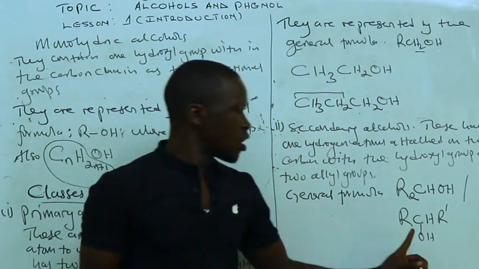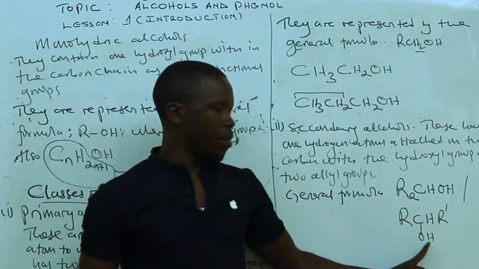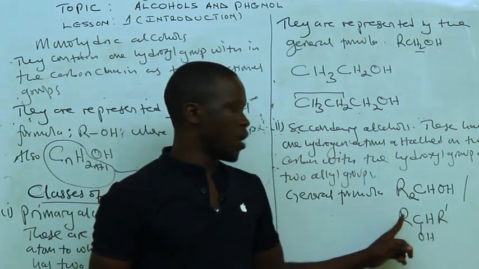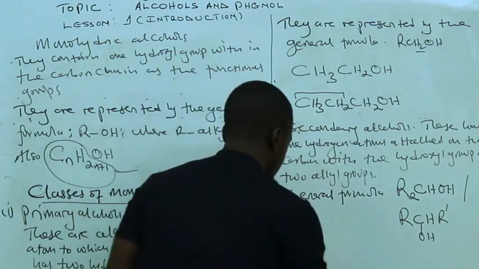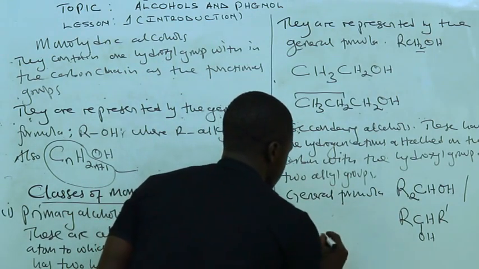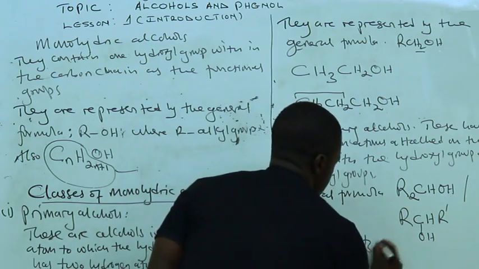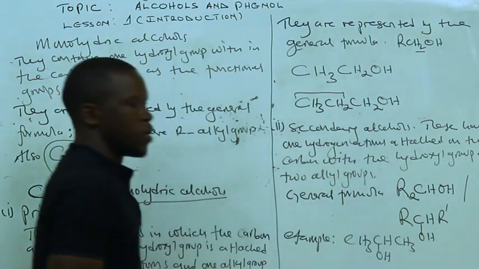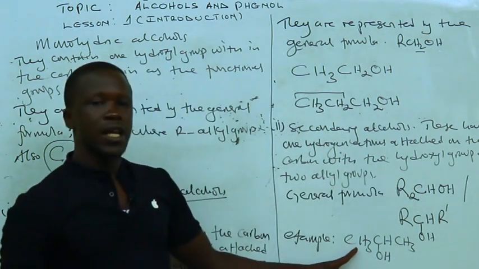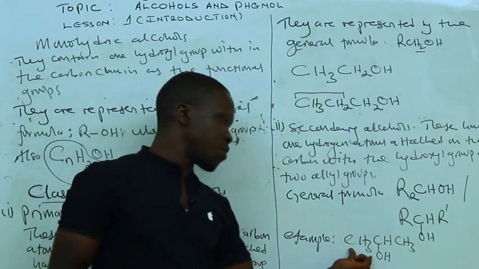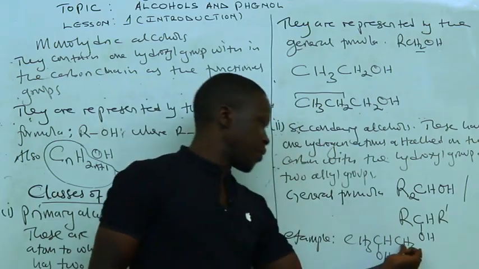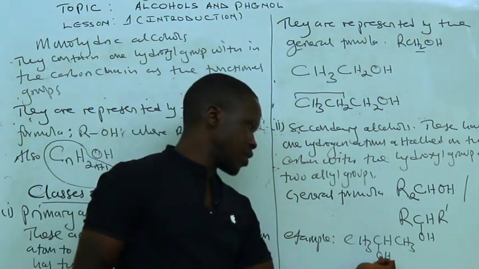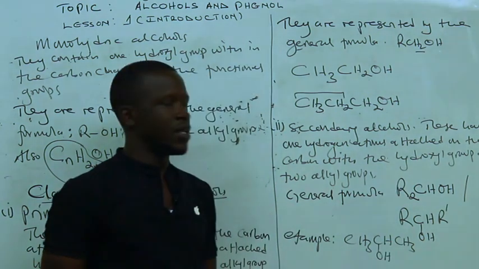So in this case, the carbon atom where the hydroxyl group is attached has 1 hydrogen atom and 2 alkyl groups. A common example, we have CH3CHOHCH3. So in this case, we are looking at an alcohol where there is 1 methyl group, and another methyl group attached onto this carbon atom with 1 hydrogen and an OH, as per the definition.